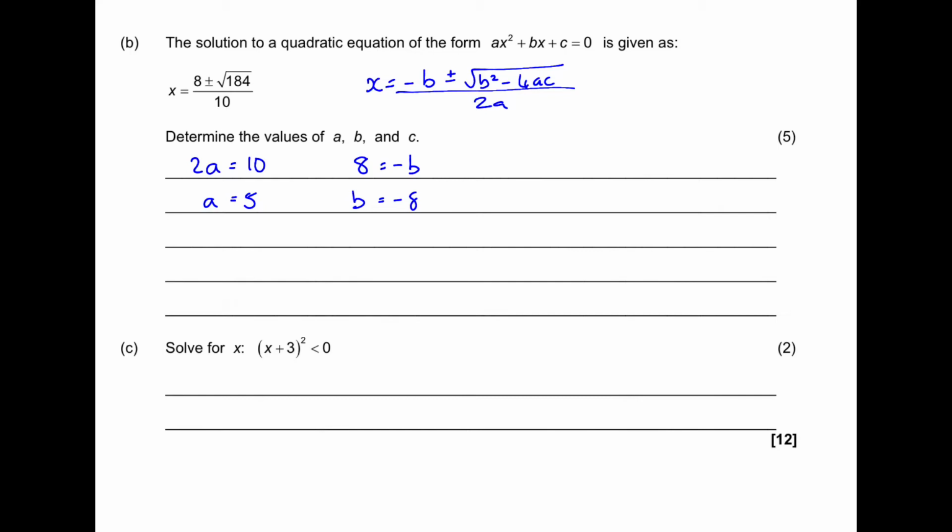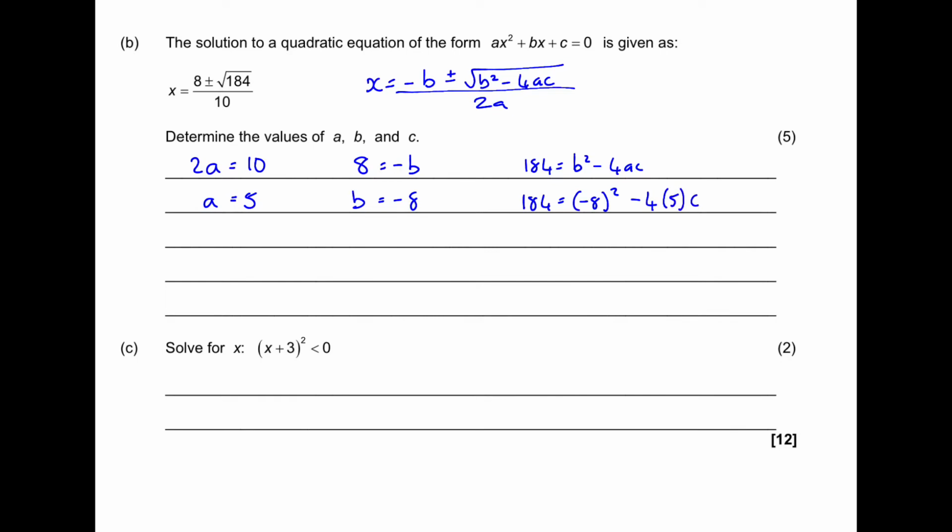All right, so now that you have the a and the b value, you can then substitute into the inside of the surd to solve for the c value. So we know that 184 is equal to b squared minus 4ac, the inside of the surd. But we can substitute the values that we already have, and that is for b negative 8, and for a is 5, and then we're solving for c.